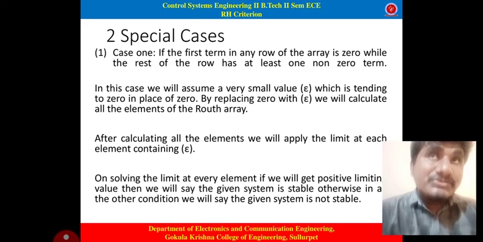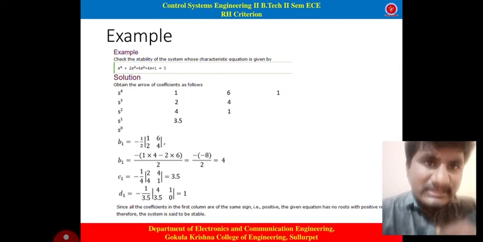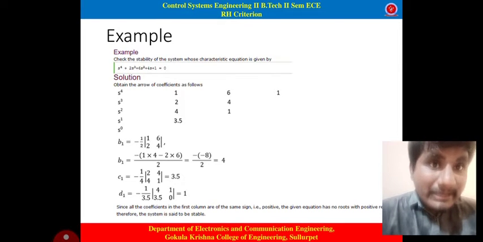If you properly observe, in the previous example also, when you are trying to calculate the terms of the S square row, you are dividing some determinant by 2. Yes or no?